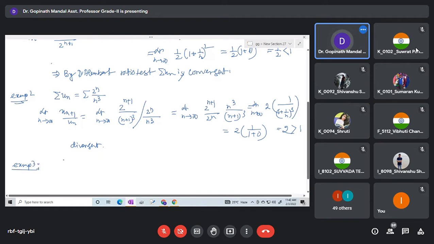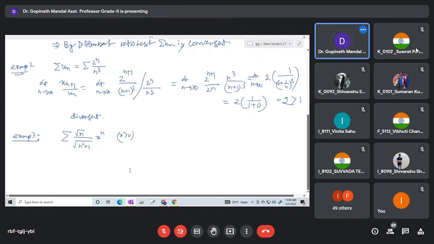Example 3. Test the convergence of the series Σ root over (n square plus 1) x to the power n, where x is greater than 0. Okay, now the limit as n tends to infinity of u(n+1) by un.